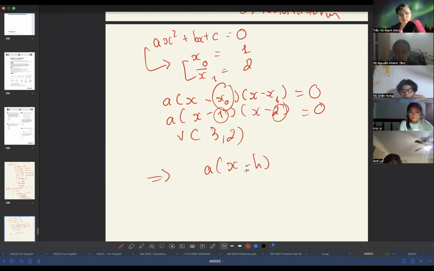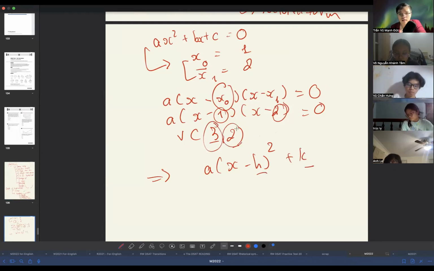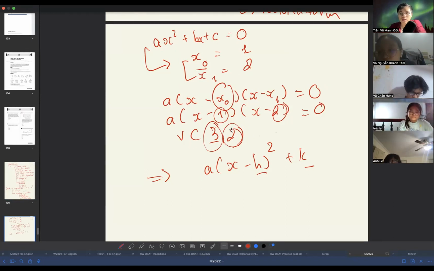Remember the minus, and remember the squared. h and k are 3 and 2. So it's making clear or isolating the coordinates of the vertex as a constant or a coefficient. That's why it is the vertex form.